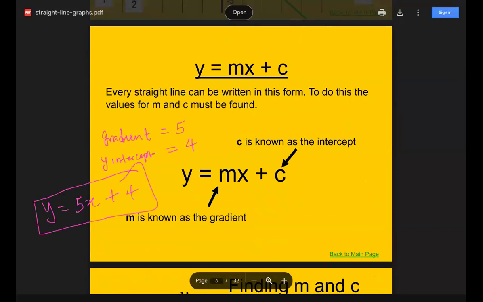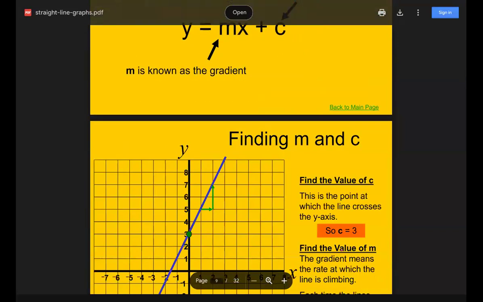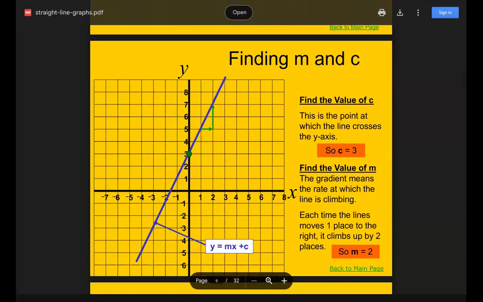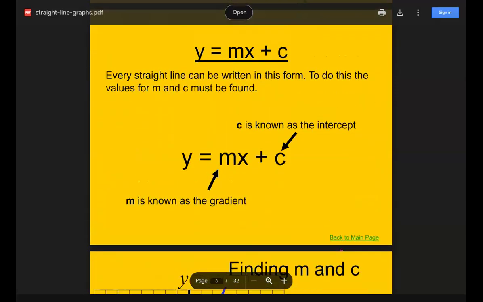That's it. The gradient is 5 and the y-intercept is 4. The y-intercept is where the graph crosses the y-axis.